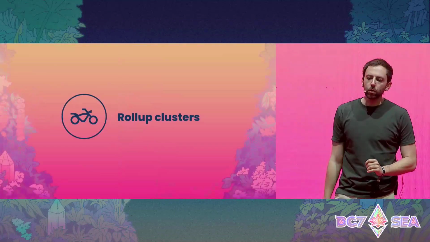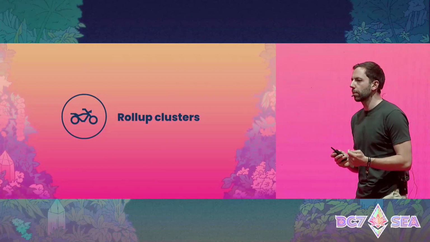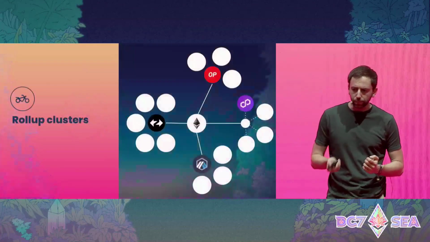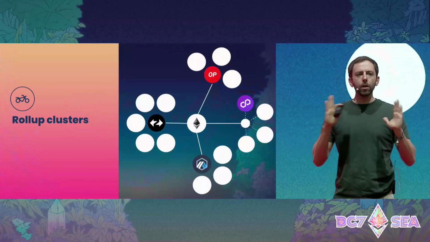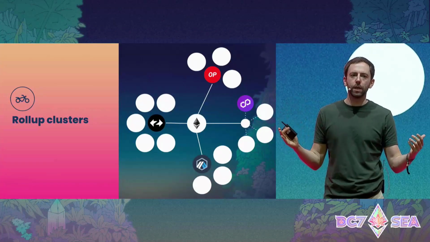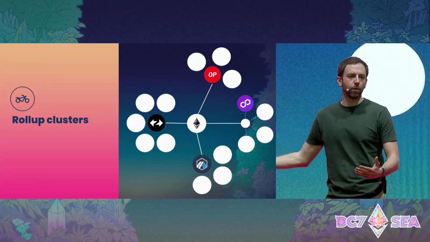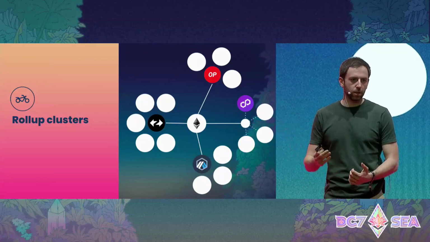Step number 2 is the rollup clusters. Why rollup clusters? What are rollup clusters? We cannot build this perfect interop world on Ethereum today because we have a lot of legacy. We cannot just start and rewrite Ethereum from scratch to support these things.